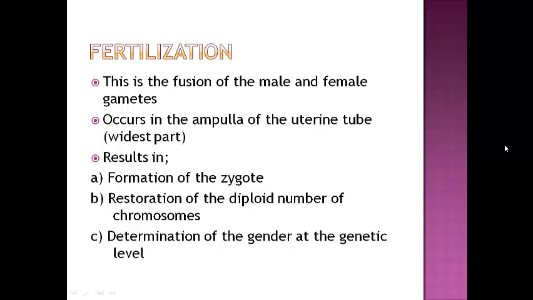Once fertilization happens and the chromosomes arrange themselves and you end up with the diploid number of chromosomes, the sex chromosomes are going to be in position. That's what we mean when we say that the gender is determined at the genetic level.